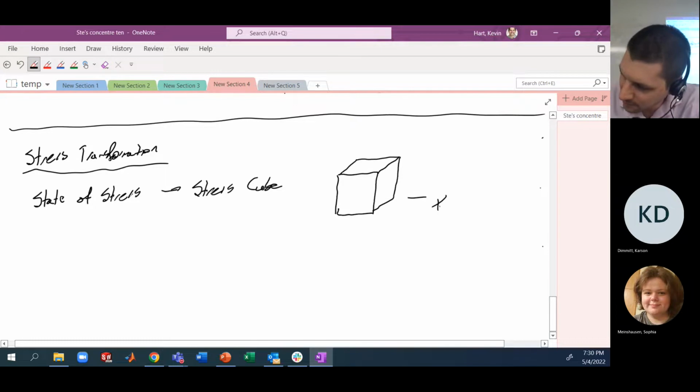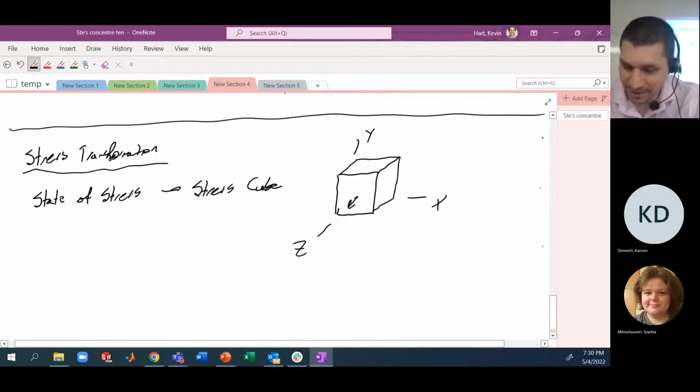So remember what this looks like. It looks a bit like this, and you could have all of your components of this guy, right?